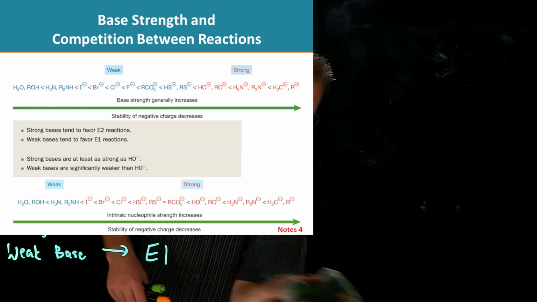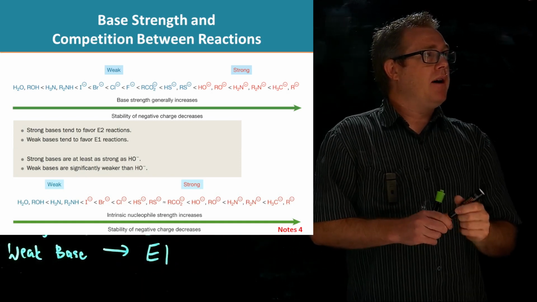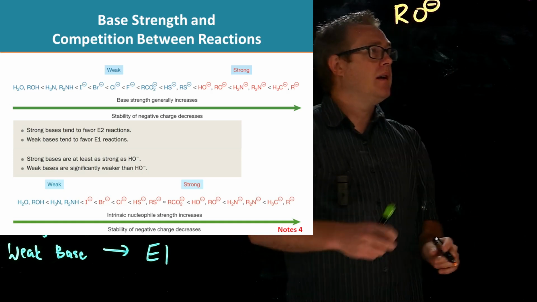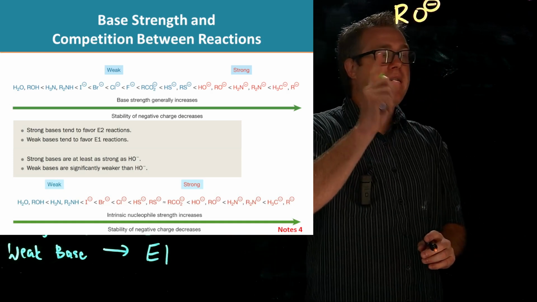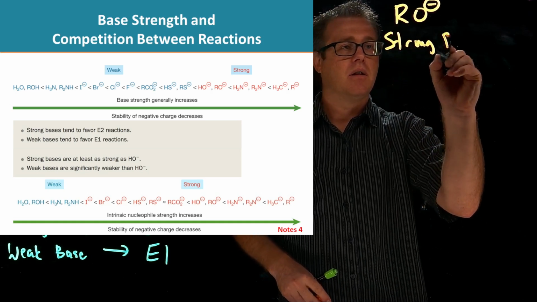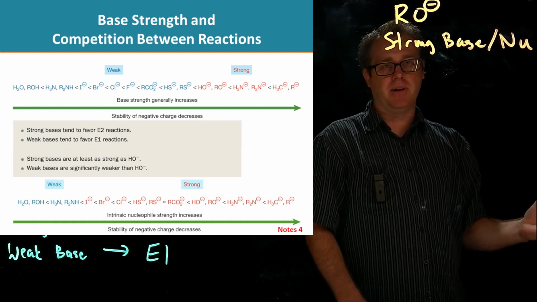So when we look at that PowerPoint slide, we see RO minus, and according to that PowerPoint, that is a strong base and nucleophile. That's what we see on the PowerPoint slide, right?